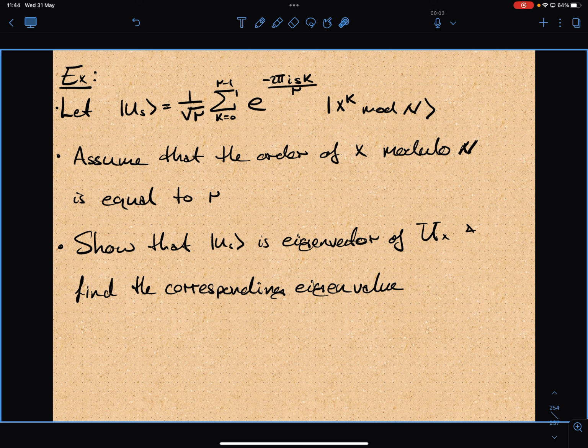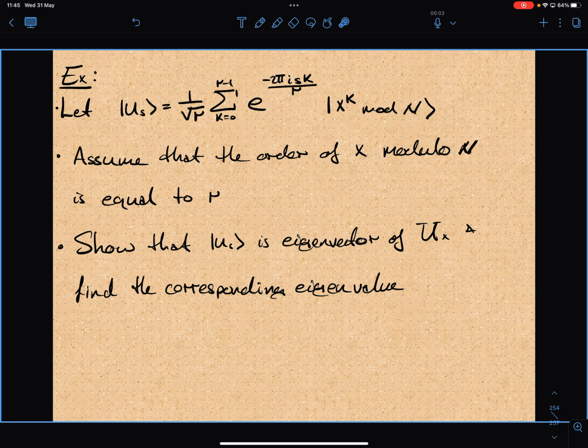So I'm running on low sleep, so I just kept making mistakes writing it down. It's supposed to be Ux.